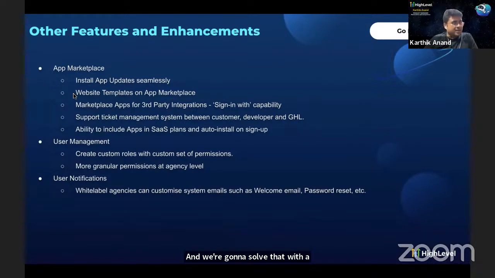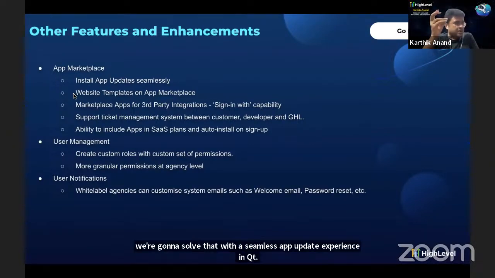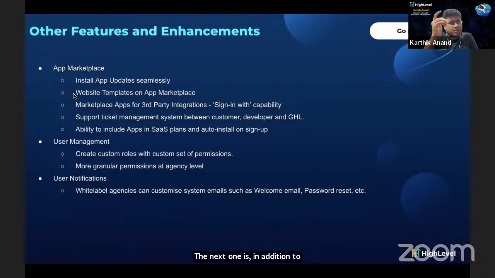The next one is, in addition to snapshots and funnel widgets, we're also launching website templates on the app marketplace. The third one is marketplace apps for third-party integrations. We'll provide a seamless sign-in with capability. What does this mean? For example, we spoke about the ClickUp app that a developer has.